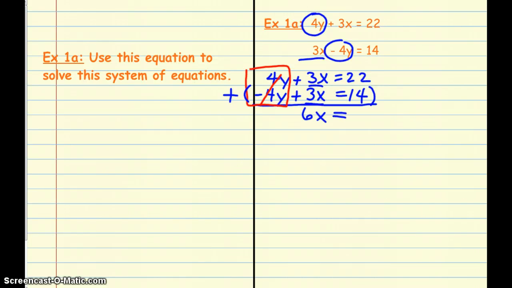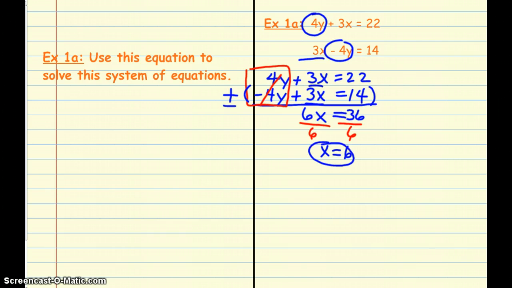Bring my equal sign down, and 22 plus 14 gives us 36. And now we just have a one-step equation to solve, so we're going to divide by 6, so we get x equals 6.